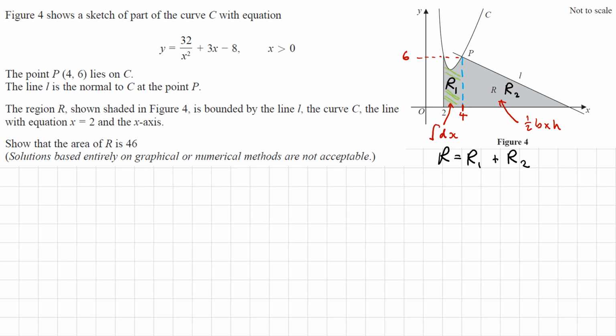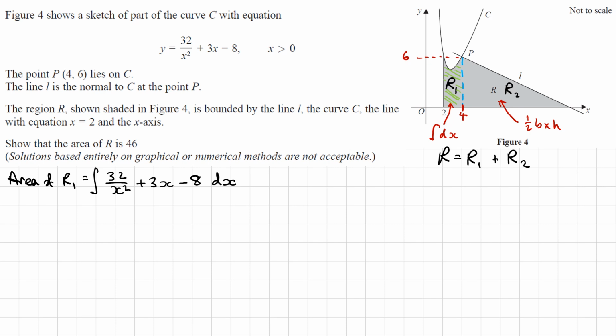And this is the integration part of the question. So I'll write down area of R1 is going to be equal to the integration of 32 over x squared plus 3x minus 8 with respect to x, and my limits are going to be x values of 2 and 4.